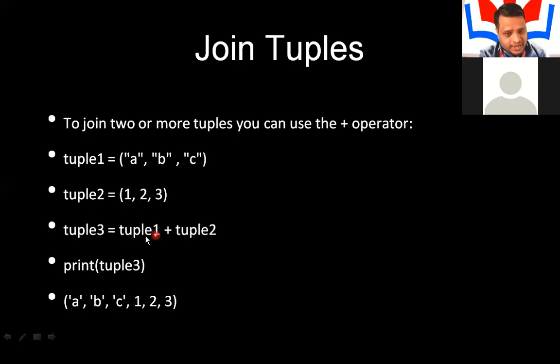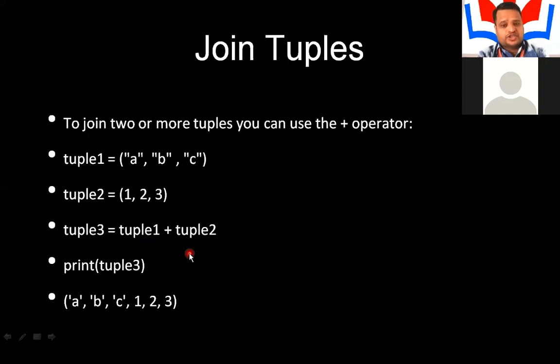Then I will concatenate them with the plus operator, that is tuple 1 plus tuple 2, and the value has to be stored in one more tuple, so I will take tuple 3. You can clearly notice in this example that tuple 3 equals tuple 1 plus tuple 2.